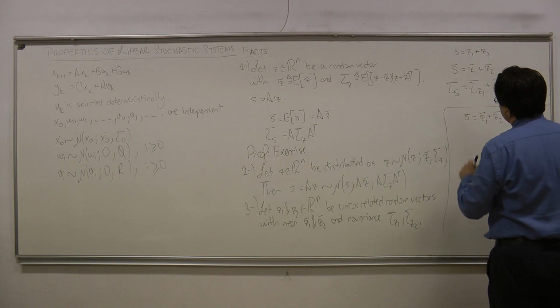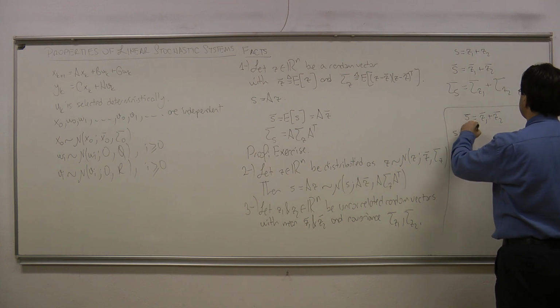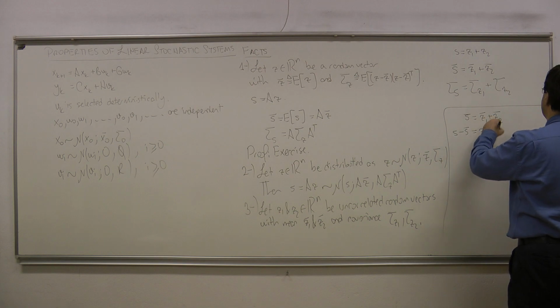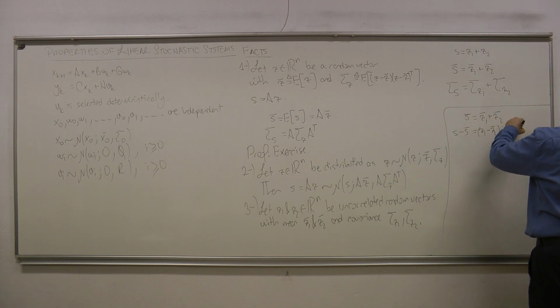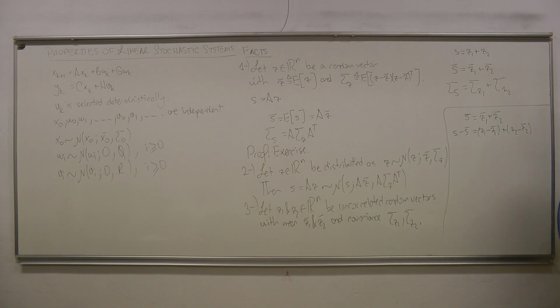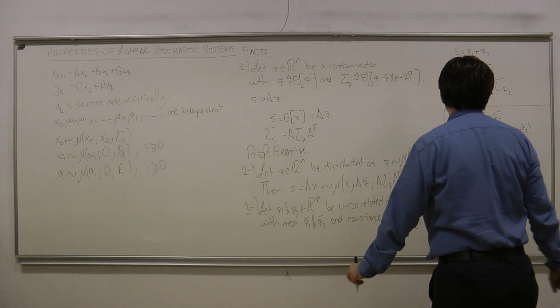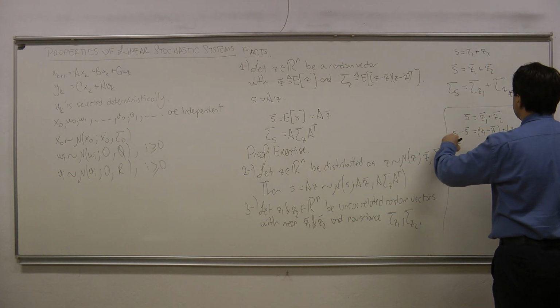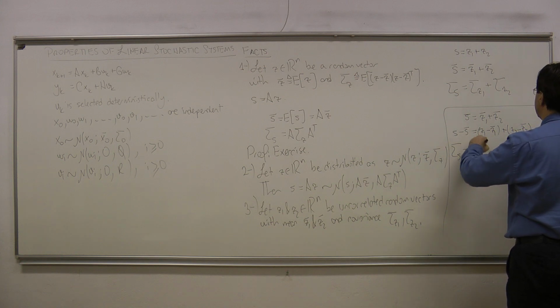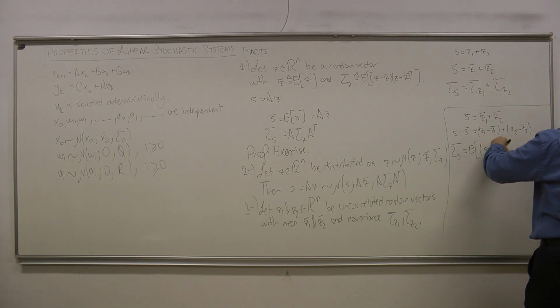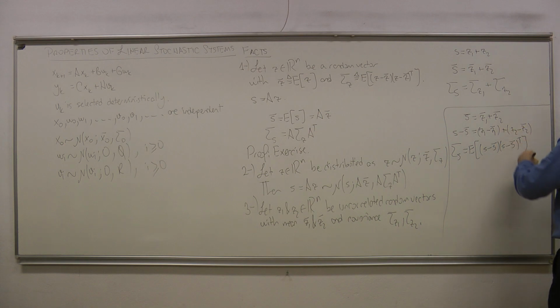And if I look at S minus S bar, then this is going to be Z1 minus Z1 bar plus Z2 minus Z2 bar. Okay? And what is the covariance? Sigma S is nothing but the expected value of S minus S bar times S minus S bar transpose.